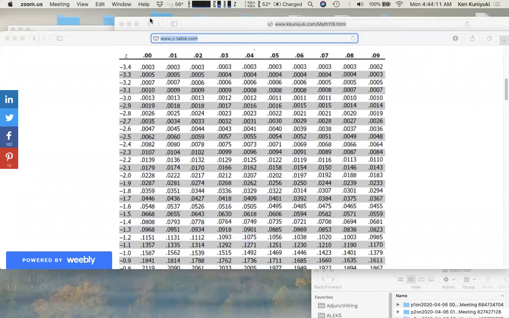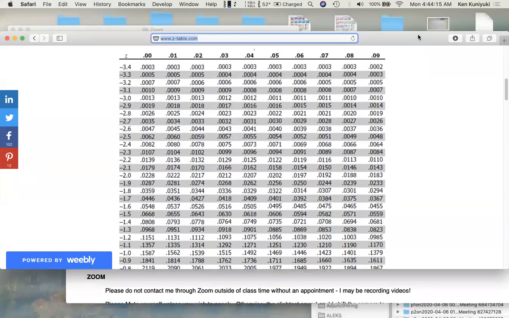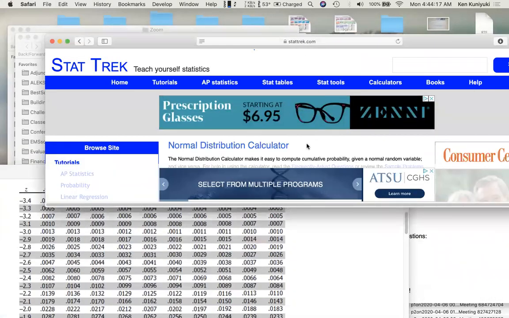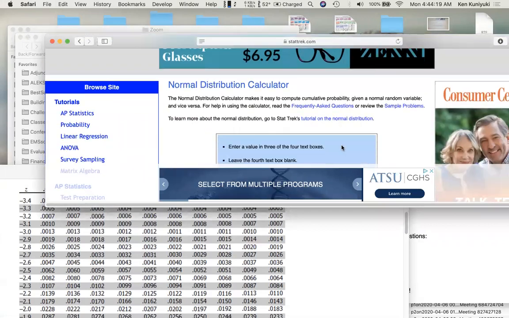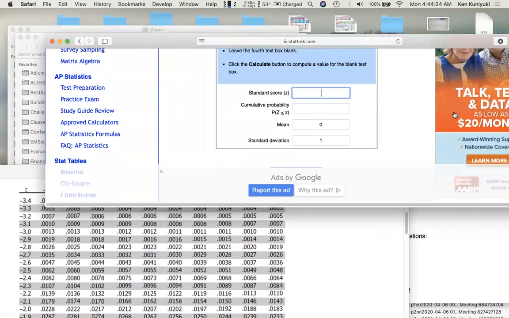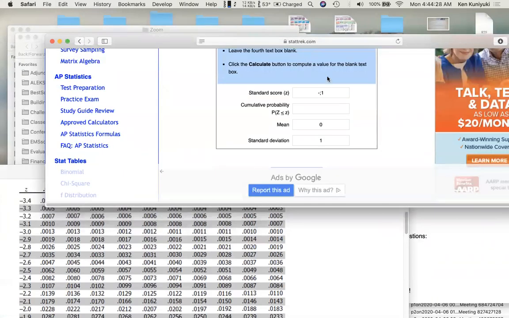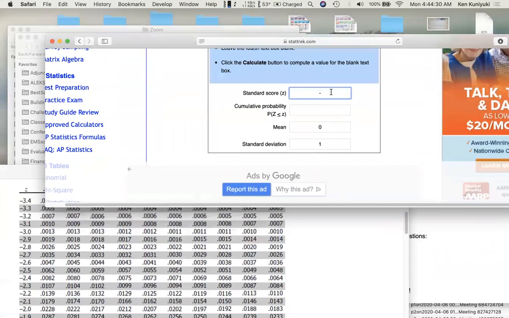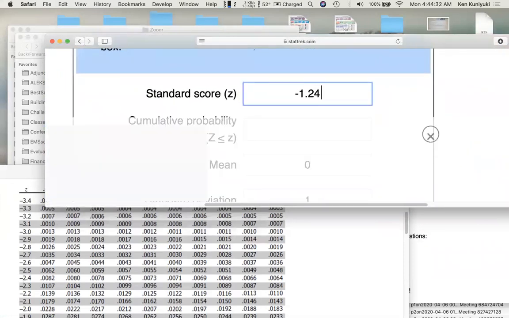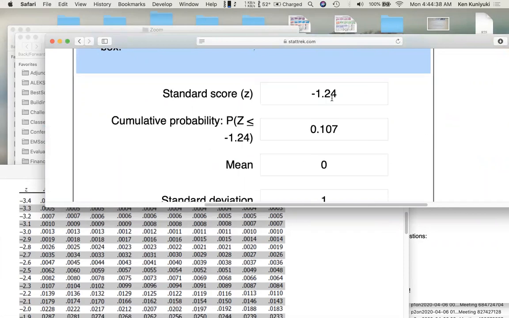Now, aside from tables, there are other ways you can find these things out. StatTrek, the normal distribution calculator. All right, standard score. Let's put in negative 1.24.